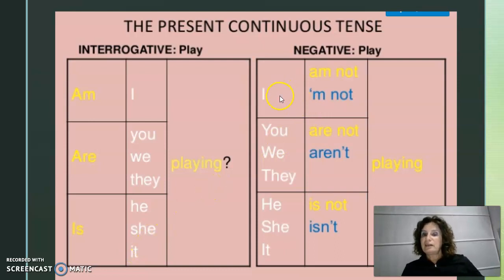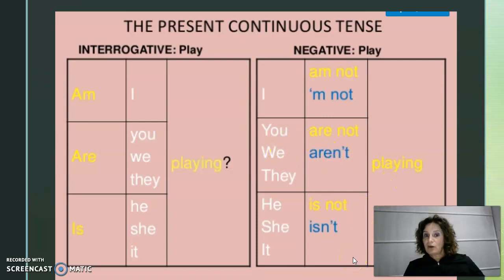In the negative sentence, the subject is in the first position, but you have to put the word not. Here you can use the full form and the short form. I am not or I'm not playing. You are not or you aren't playing.